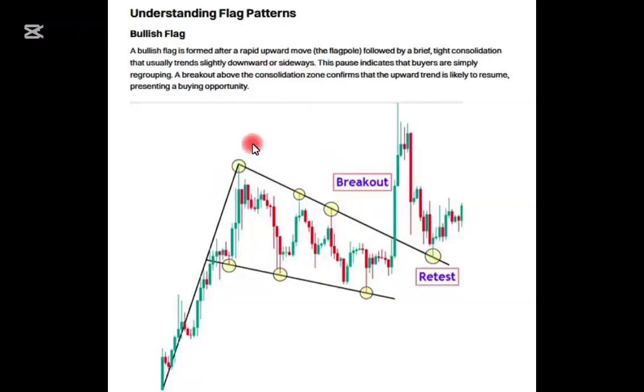As you can see, this is actually trending slightly downward, okay? And this is the pole. As you can see here, this is the pole, and this is the consolidating area. This pause indicates that buyers are simply regrouping. A breakout above the consolidation zone confirms that the upward trend is likely to resume, presenting a buying opportunity.